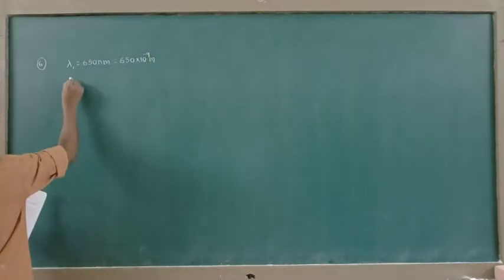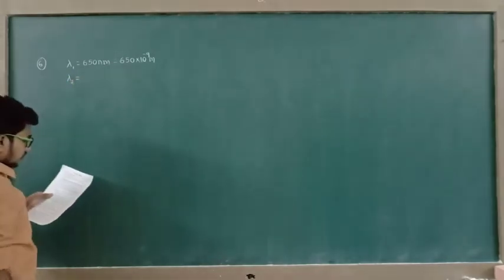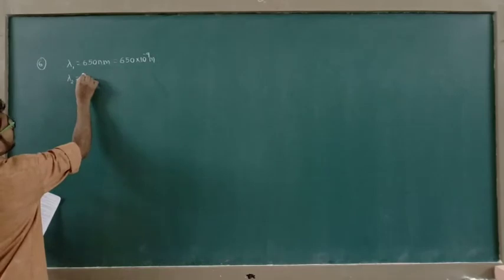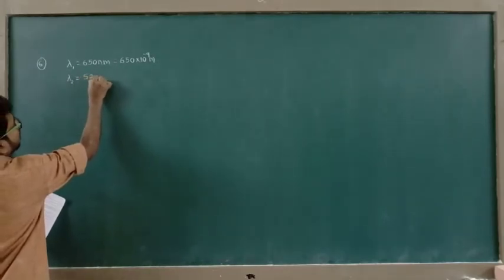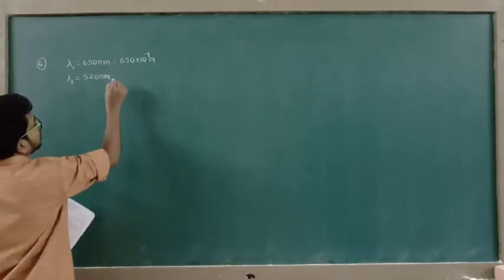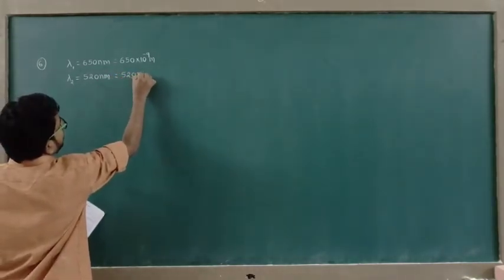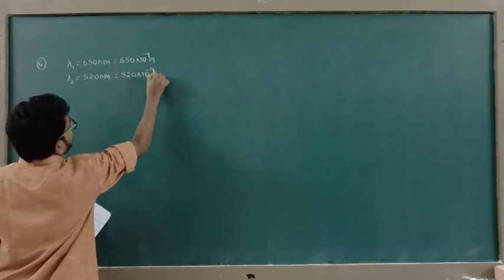Lambda 2 is equal to 520 nanometer, which is equal to 520 into 10 to the power minus 9 meter.